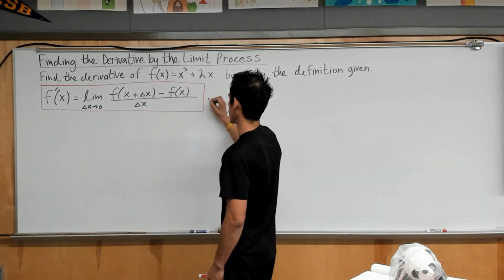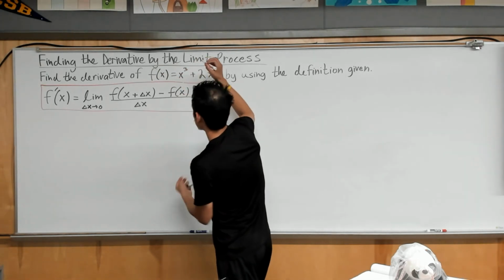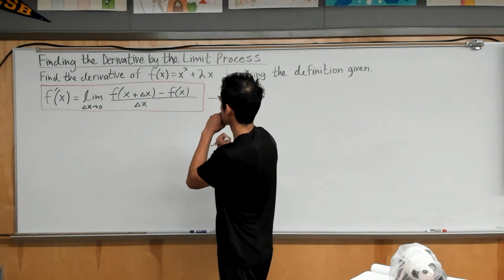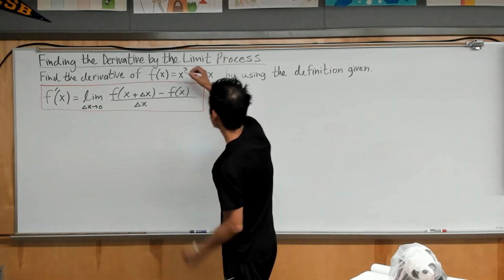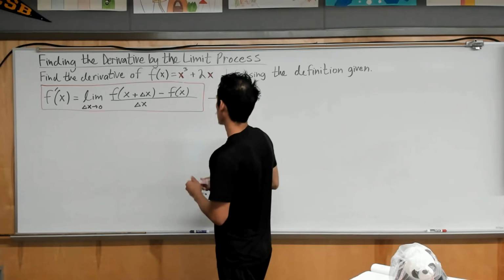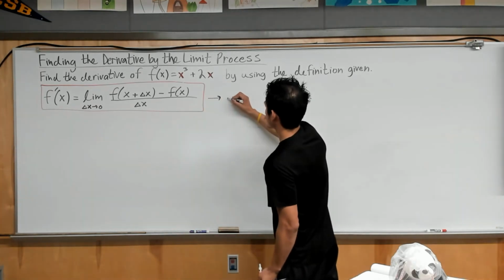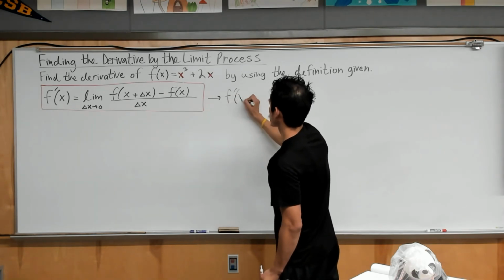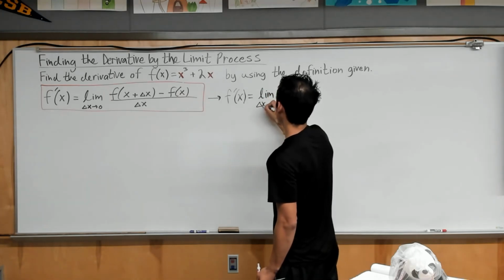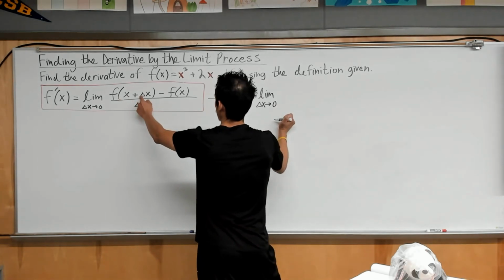So let's start off. The key thing is to understand what you're going to replace with the x here. So we're going to have that f prime of x is equal to the limit as delta x goes to 0 of f of x plus delta x.